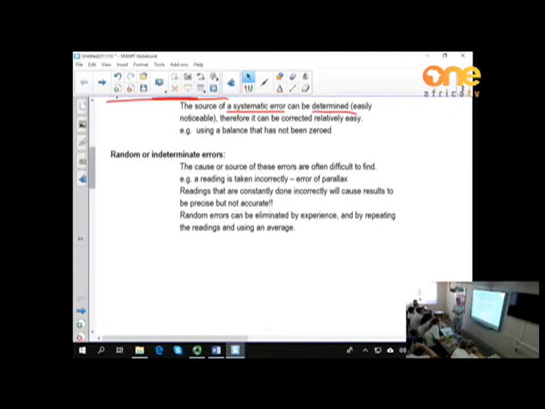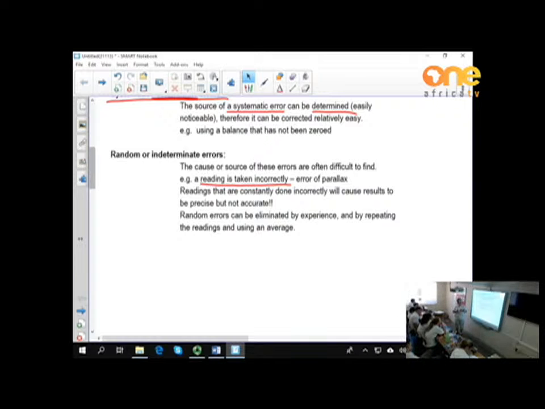Random or indeterminate errors are slightly more difficult to find because we don't know what we did wrong. Okay, and it can be, for example, a reading that is taken incorrectly. Okay, but if you take the reading incorrectly consistently through your practical, you should also be able to get a result from it.